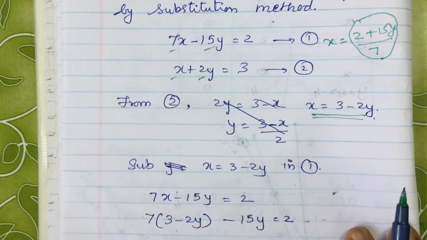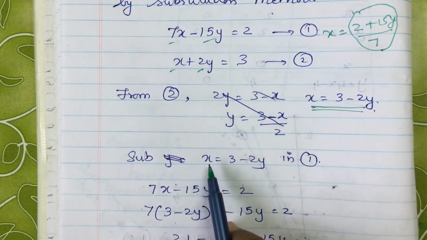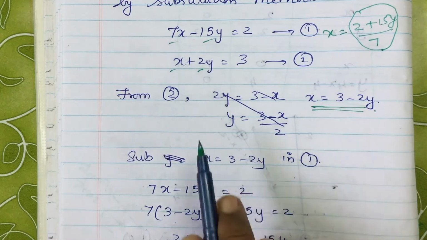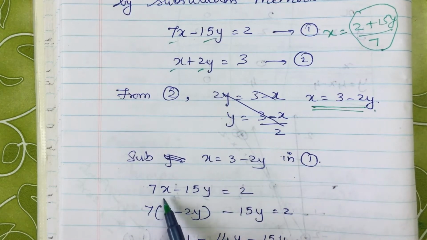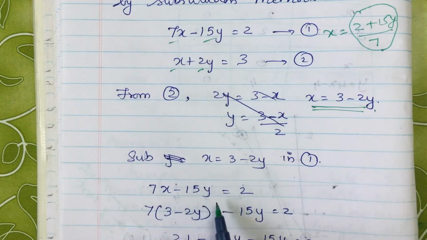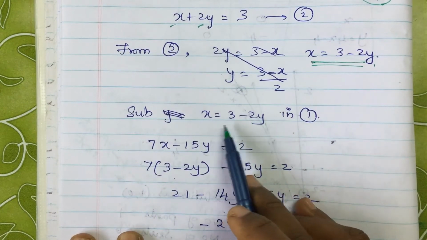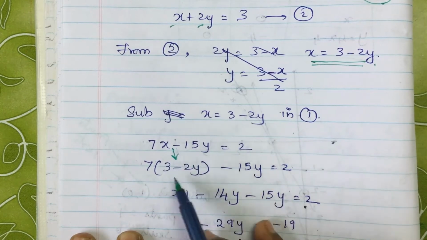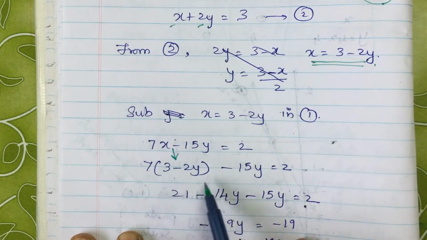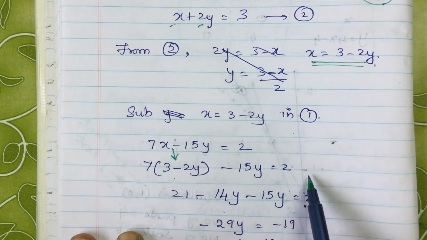Since you are finding out the x variable from equation 2, you have to substitute this in equation 1. So what does equation 1 say? 7x minus 15y equal to 2. On substitution, you replace your x with 3 minus 2y. Okay, 7 into 3 minus 2y minus 15y equal to 2.